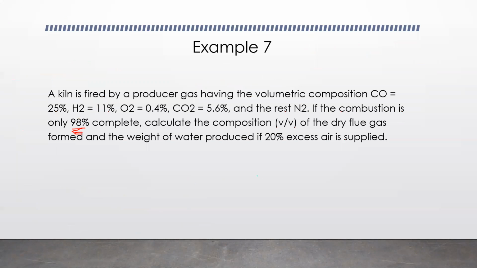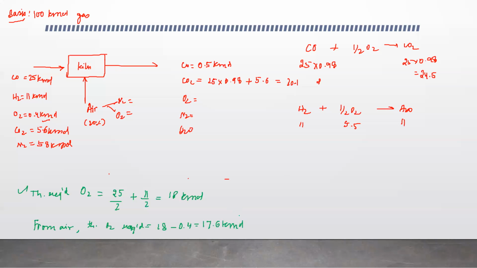Now, since it is 20% excess, therefore oxygen supplied is going to be 17.6 into 1.2. All right, 17.6 into 1.2, that is 21.12 kilomoles. So oxygen supplied over here is 21.12 kilomoles, right?